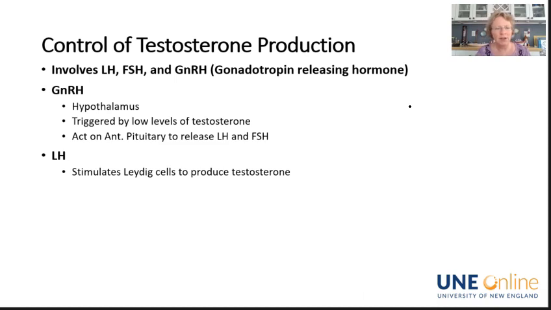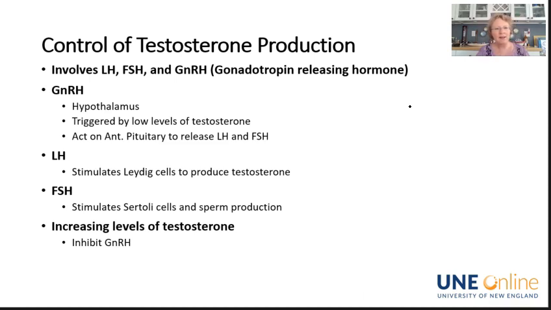So LH, released by the anterior pituitary, then works on the Leydig cells that are in the testes and increases production of testosterone. And FSH, follicle stimulating hormone, stimulates the Sertoli cells. Those are their support cells, and so it will also stimulate sperm production.